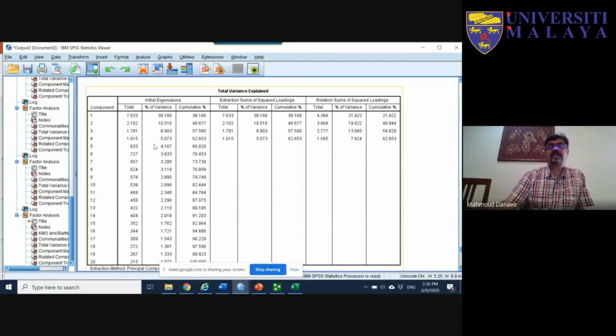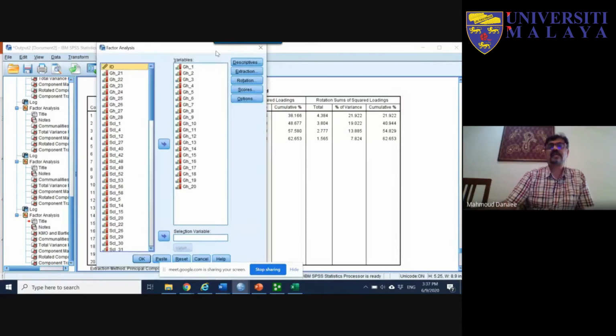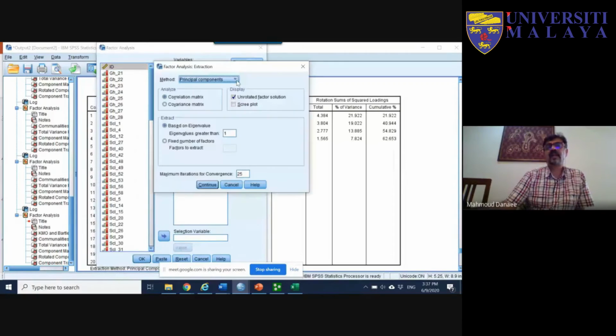As I mentioned, this table shows the number of extracted factors or components. In this case, we have 4 components. Maybe you ask yourself, based on what criteria 4 components were extracted? The answer is here. When you do the factor analysis with SPSS, under extraction, the components will be extracted if the eigenvalue is more than 1.